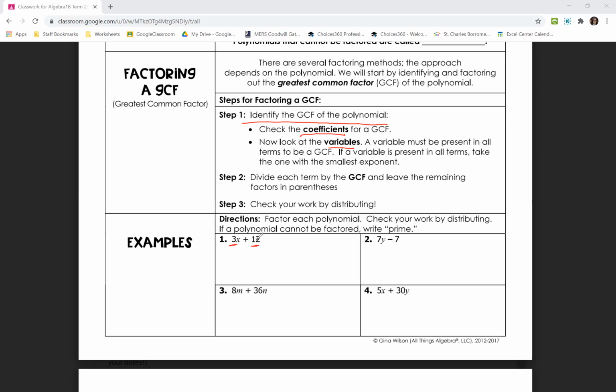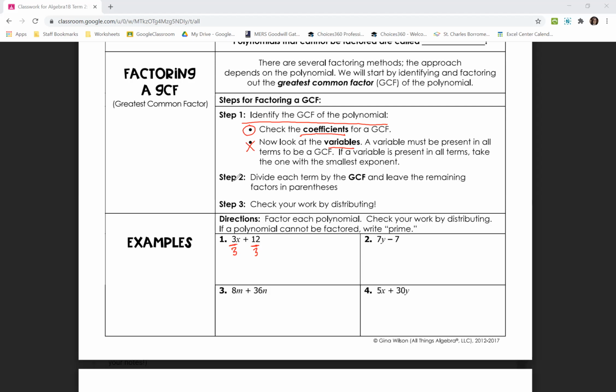Is there anything I can divide evenly into both 3 and 12? Yes, I can divide a 3 out of both 3 and 12. This is me checking the coefficients. There are no variables to factor here, so we'll come back to this one.